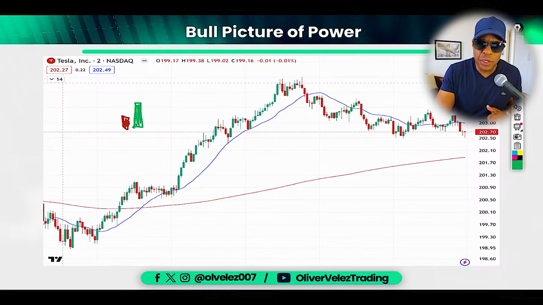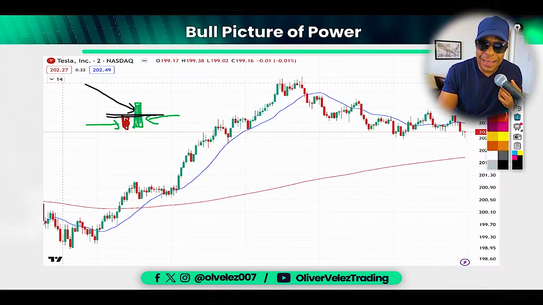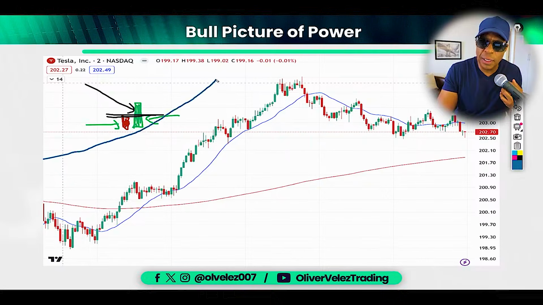You change from red to green, and your buy is right above the red. You buy into that bar as soon as it bypasses the red. But this event must be near the 20.